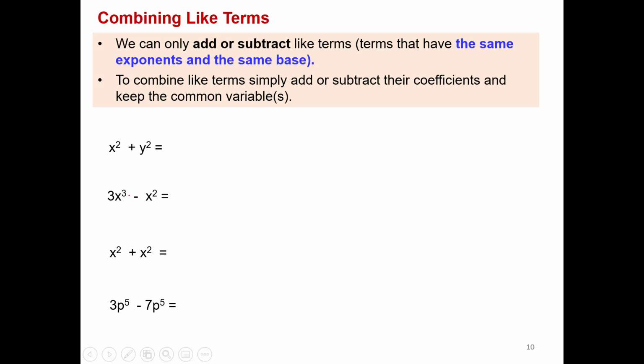The coefficients are the numbers in front of the variables. For example, here the coefficient for x to the third is 3. And we can keep the common variable if the terms we want to combine are like terms. If they are not like terms, we cannot combine them.